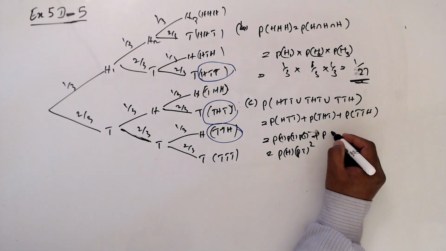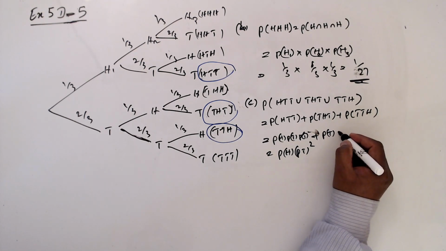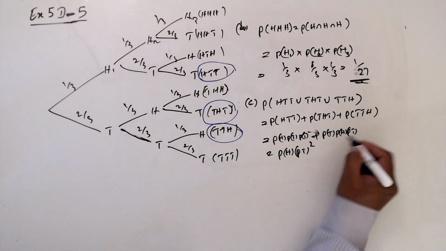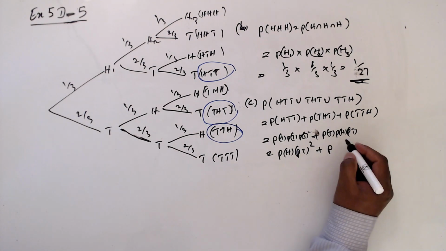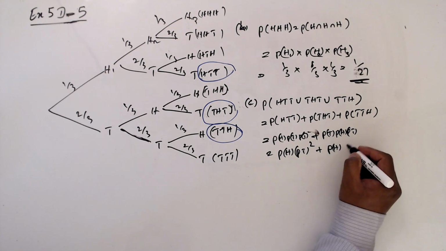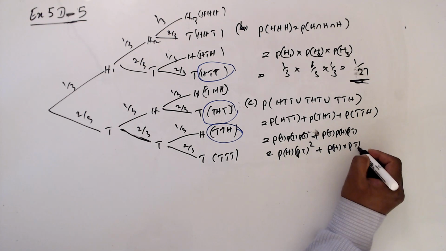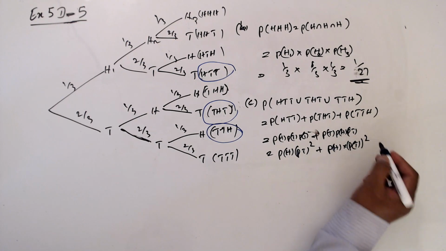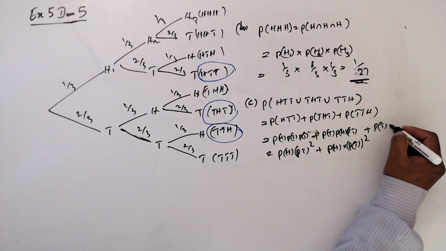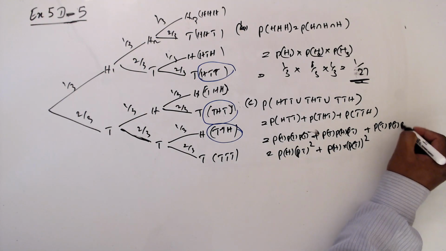Then P T P H P T. It means this is again PH times PT square. Then this is P T P T and PH.